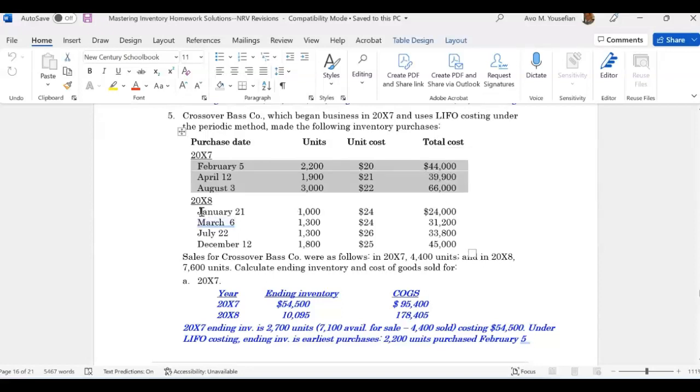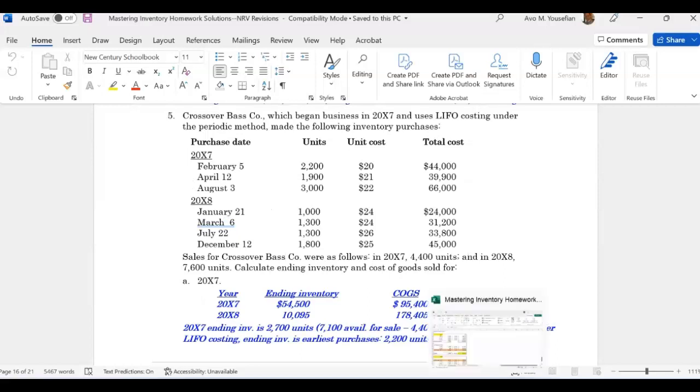In 2018, they purchased again a few more times, and says sales for company was in 2017 4,400 units sold, and in 2018 7,600 units sold. Calculate ending inventory and cost of goods sold for 2017 and 18. Okay, let's do that. So let's pick up this information, go to Excel.